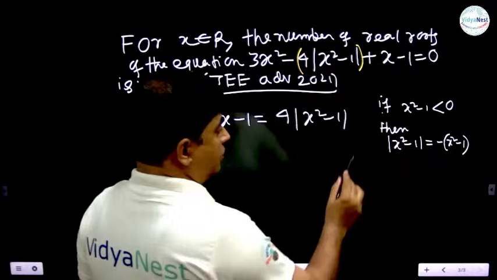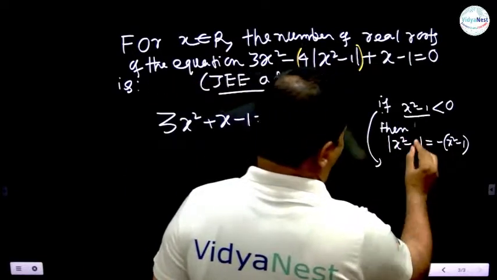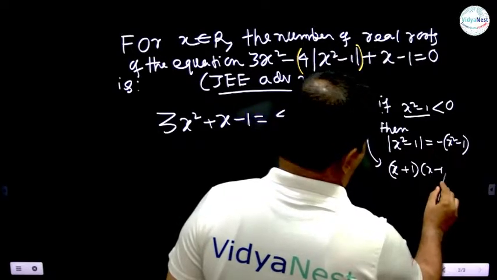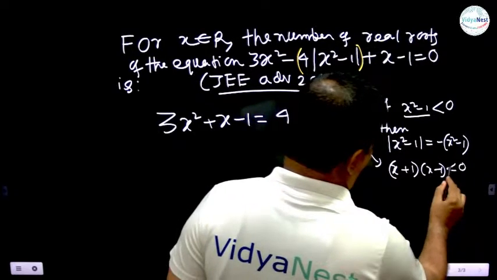Got it? So x square minus 1 means x plus 1, x minus 1, and you already have the concept.